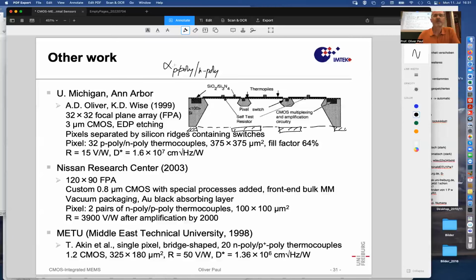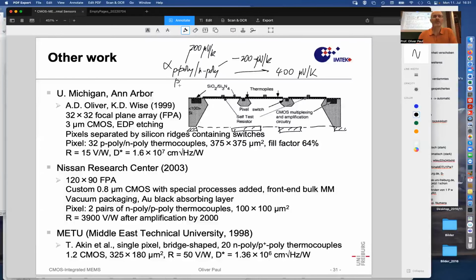So if we have here some, let's say, 200 microvolts per Kelvin, and here we have minus 200 microvolts per Kelvin for the individual material against aluminum, this will then add up to something like 400 microvolts per Kelvin.